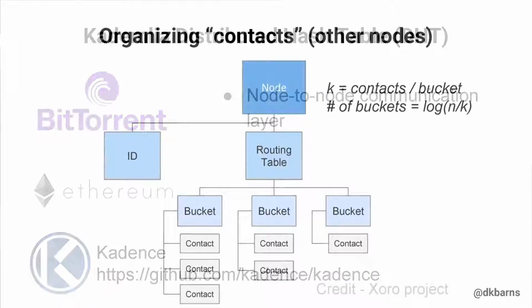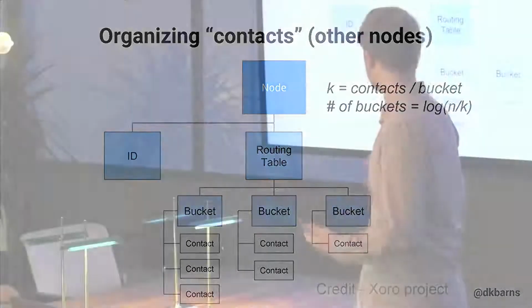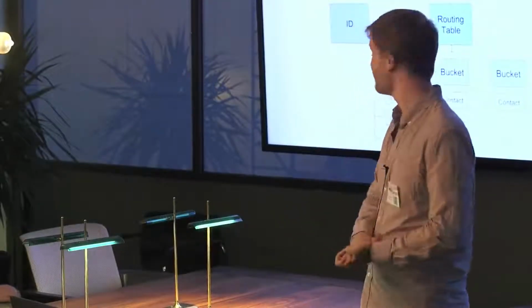So next, we are going to look a little bit more at what Kademlia does. Each node in the network has a routing table, which is a tree of buckets within a certain bit space. And each bucket, otherwise referred to as a K bucket, holds K number of contacts.